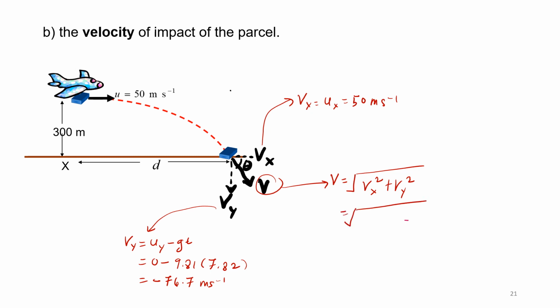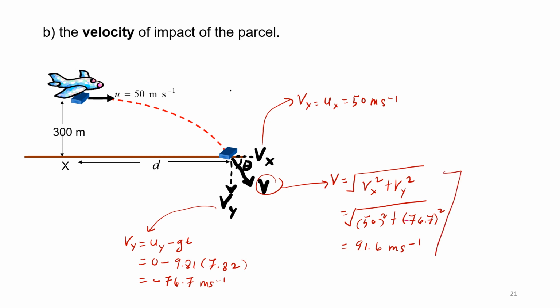Substitute values one by one, Vx 50 squared plus Vy negative 76.7 squared, and then we get V 91.6 meter per second.